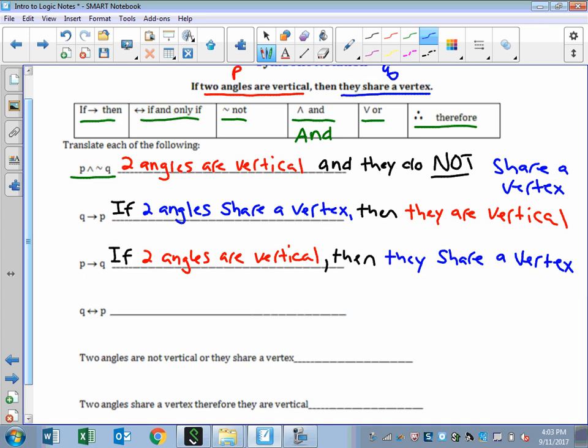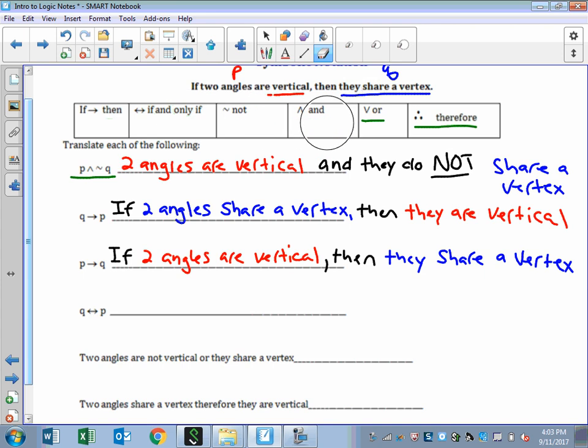And lastly, symbolic, we have Q, and then we have a two-way arrow and P. The two-way arrow means if and only if. So first we're going to start with Q, because the if and only if goes in the middle. So two angles share a vertex.